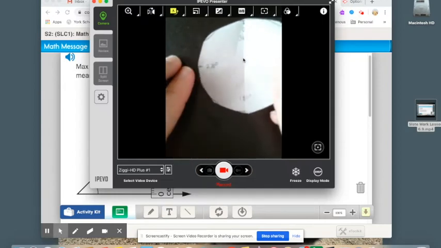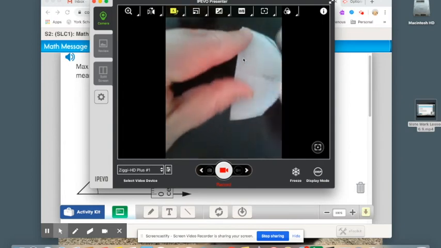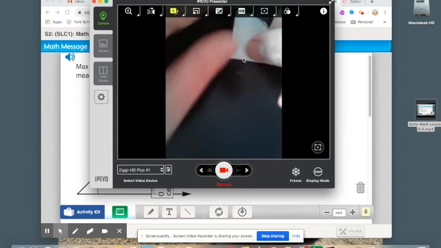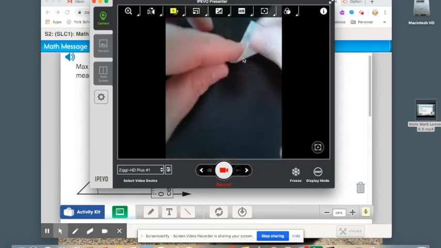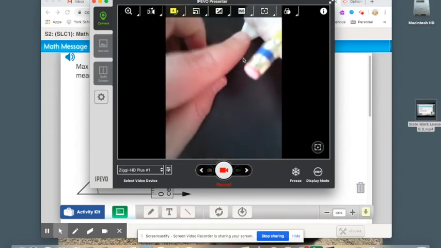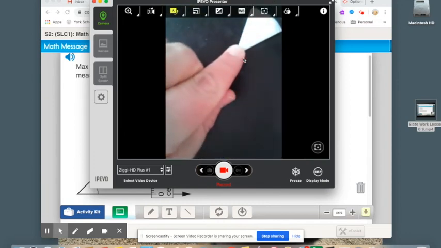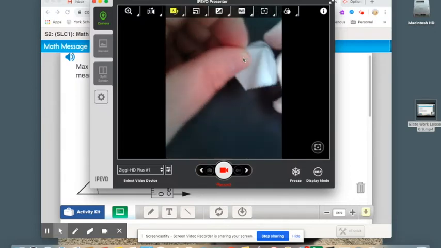So now what you're going to do is fold it in half like you did the first time, and you're going to fold it into quarters like you did. And now you're going to fold it into eighths. And make another fold like that. Okay, that's going to give us some more angles to mark off in our circle.